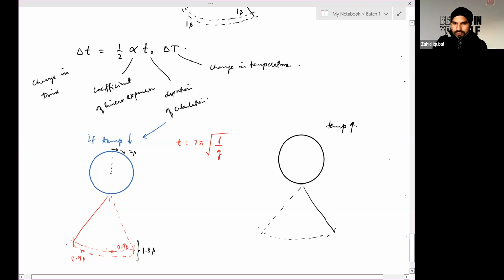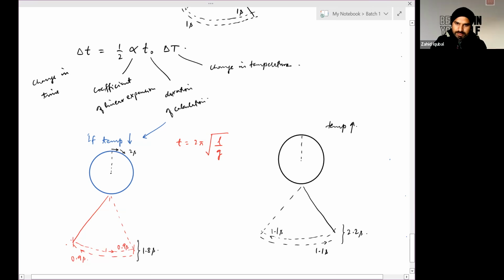So the period of oscillation on going from one point to another will be more than 1 second, let's say 1.1. And then on returning back, it will again take 1.1 seconds. So in total, it is taking 2.2 seconds.